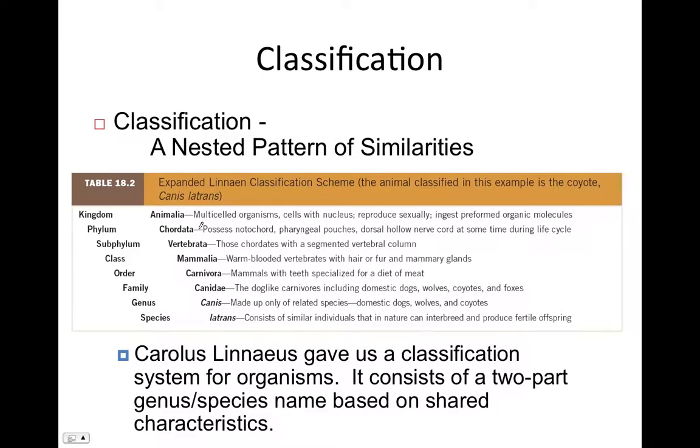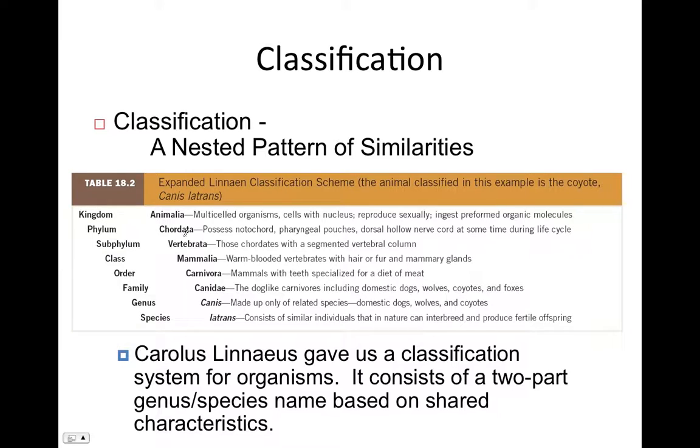Then we have phylum Chordata. These are all animals, because this phylum is within Animalia, that possess a notochord. Basically a dorsal nerve cord, a nerve that runs along the length of the body. So this would include coyotes, humans, whales, cats, most vertebrates, but would not include starfish, because starfish don't have that notochord.